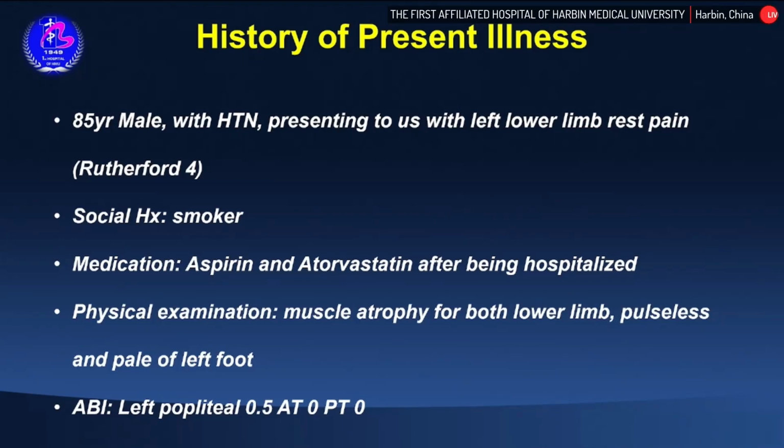For physical examination, he has muscle atrophy in both lower limbs, we cannot feel the pulse, and the foot is quite pale. For the ABI, the left pedal is 0.5, and both AT and PT are 0.